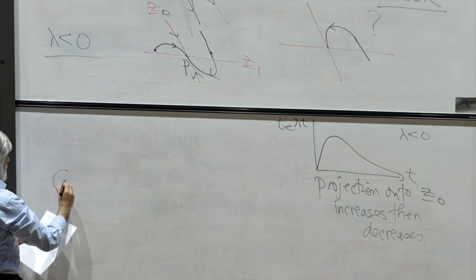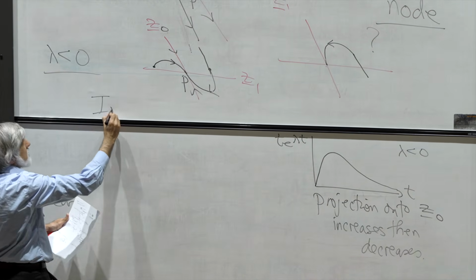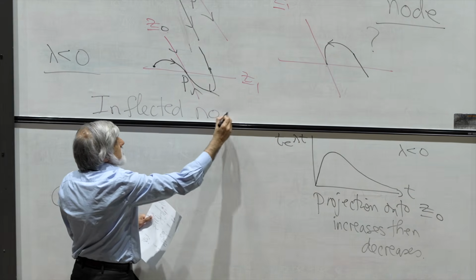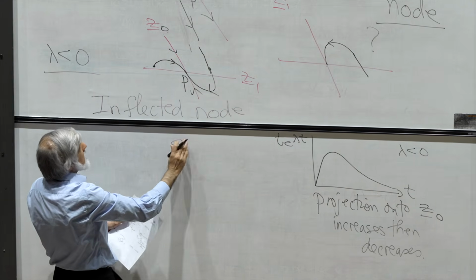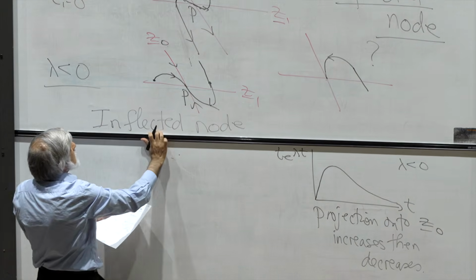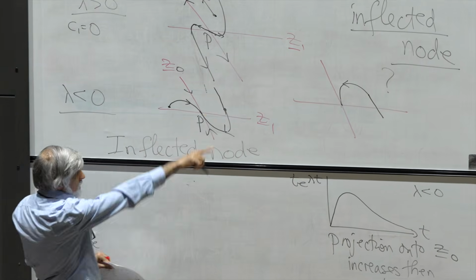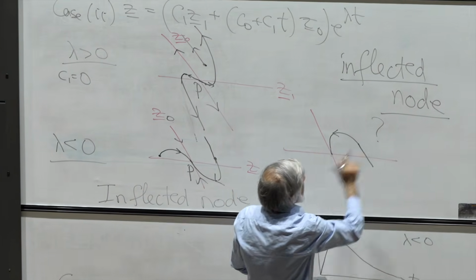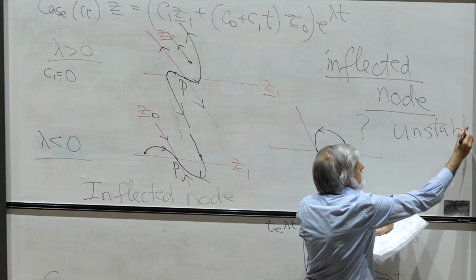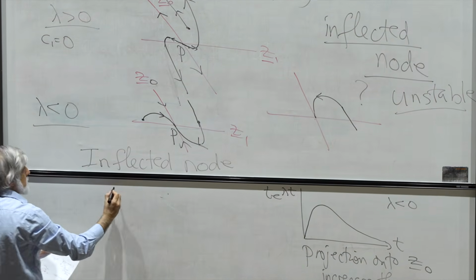So now we have, so this is called an inflected node. And that one is stable. Yes, I should put down in the sort of obvious, that one's unstable. And that one's stable, inflected node, stable.